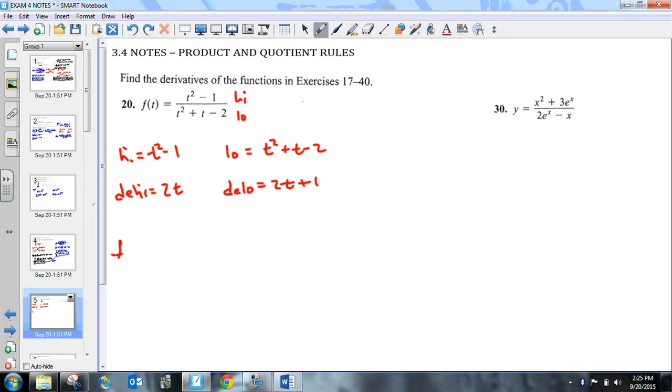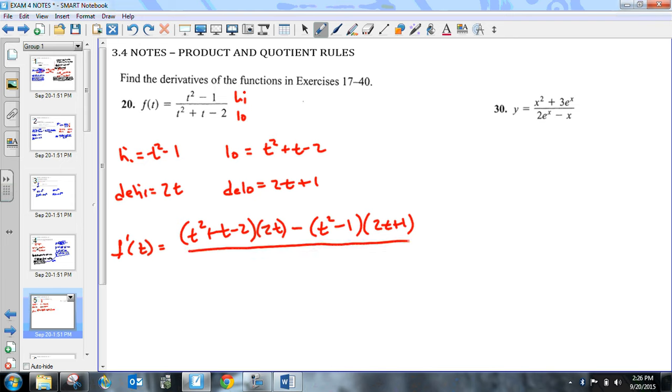So f prime of t, I've got my low function, t squared plus t minus 2 times the derivative of my high, so times 2t, minus the high, which is t squared minus 1 times the derivative of the low, which is 2t plus 1, and then all over low squared.